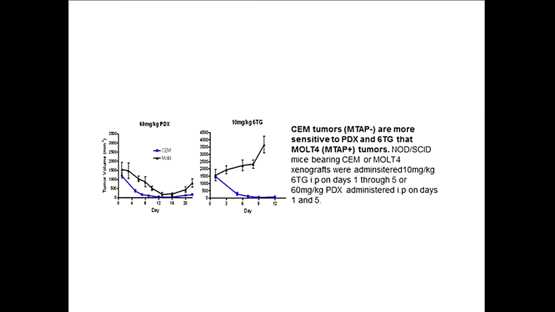And as shown in this first part of this slide, the CEM cell line is much more sensitive to pralatrexate than is the MOP4 cell line, the one that has MTAP. And surprisingly, the MOP4 cell line actually grows in the presence of 6-thioguanine as compared to the CEM cell line, which is still very sensitive to 6-thioguanine in vivo.